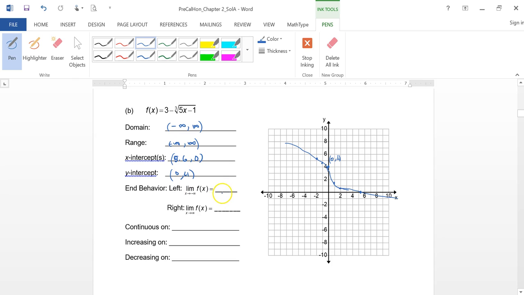End behavior, as x approaches negative infinity, we're going to positive infinity. So it's a cube root, which means it's continuously going to go up, and here it's going to go to negative infinity. It's continuous everywhere. It's not increasing anywhere, so none. And it's decreasing from negative to positive infinity.